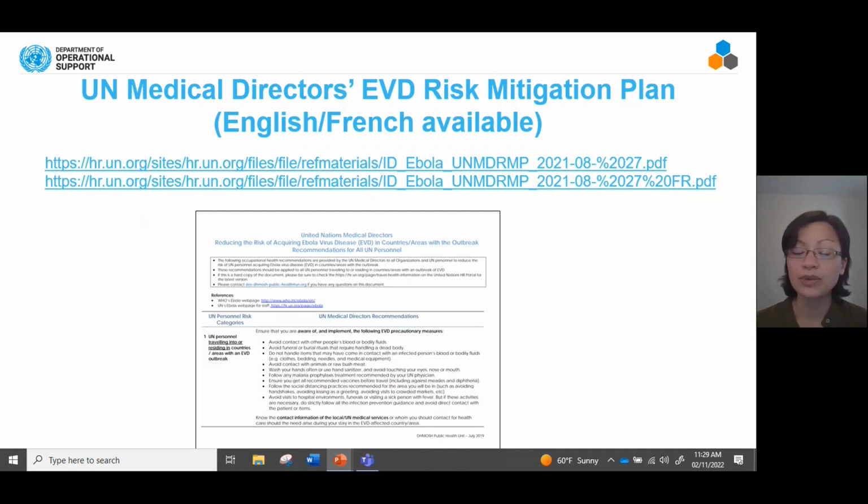For example, UN people who are traveling, UN personnel who might be cleaning a health facility, healthcare workers, laboratory technicians. So all these different categories have different precautionary measures that they should take, and this document spells it out.